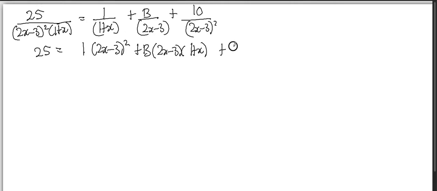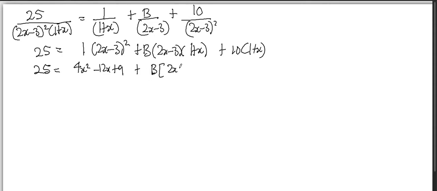Okay, and 10 is plus x. Okay, let's expand. So 25 equals, when I expand this, I will get 4x squared minus 12x plus 9, and then plus b times 2x, and that should be, so b, that is 2x squared minus x minus 3.